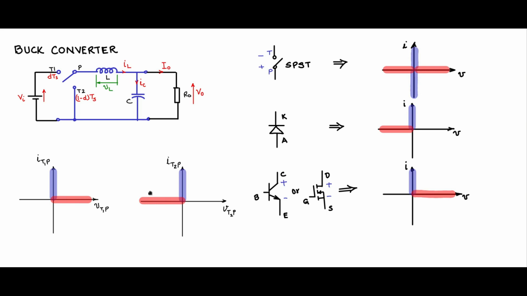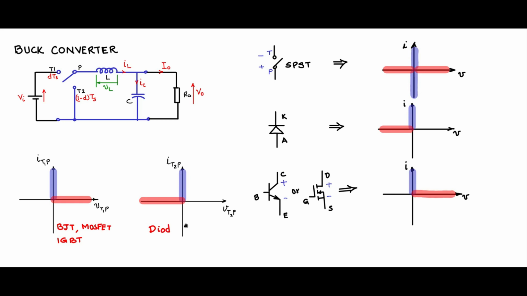So from this set of requirements of the switch IV, we can say that this matches with the BJT or MOSFET or IGBT type of IV switch characteristic. So we can choose a BJT or MOSFET for PT1 switch or even an IGBT, and this matches with the characteristic of a diode.